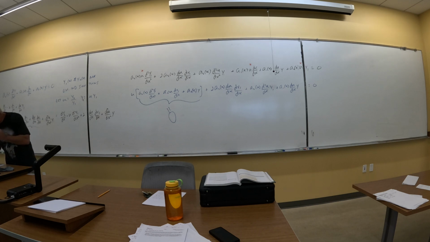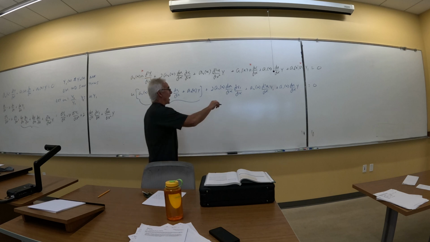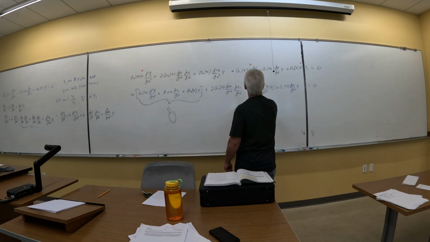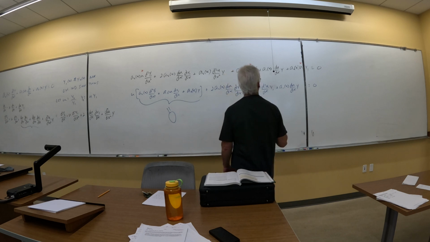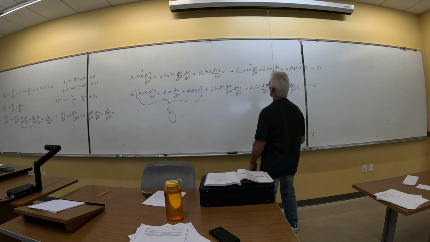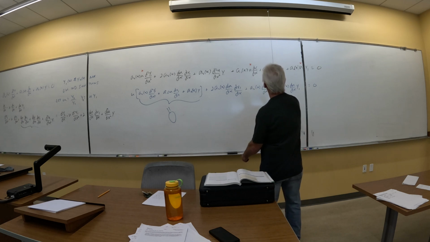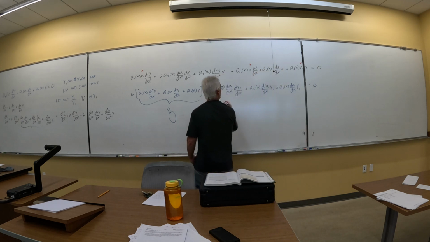Okay, so that's 0. Yeah. Oh, here we go. Yeah, okay, I'm looking at the wrong place. I want this to be first, this to be second, I think, and yes. So let's rewrite it with that one first.